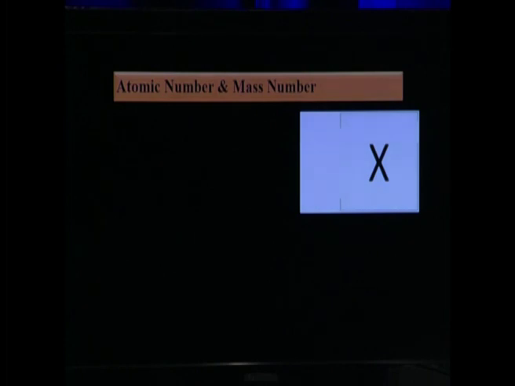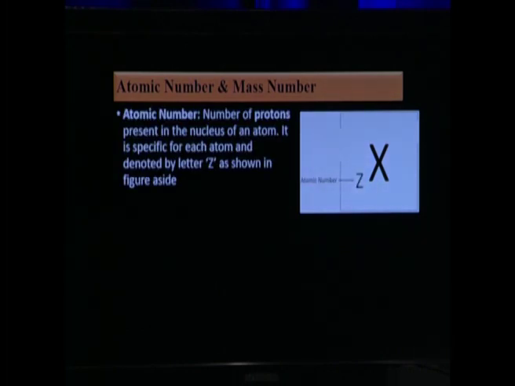So what is atomic number? Now we need to do it little bit more in detail. So if you look at it, atomic number is protons present in the nucleus of an atom and is specific for each atom and denoted by letter Z as shown in figure aside.